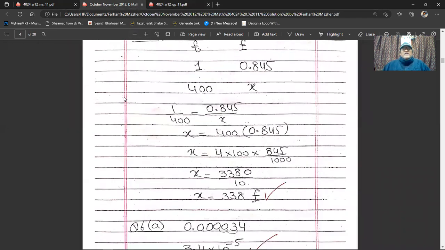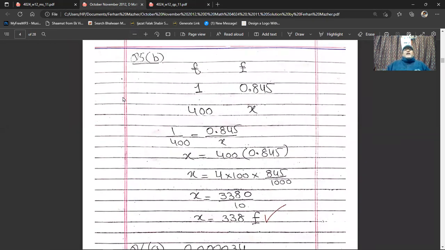So 1 by 400 is equal to 0.845 divided by x, and we will cross multiply. So x will be equal to 400 into 0.845.